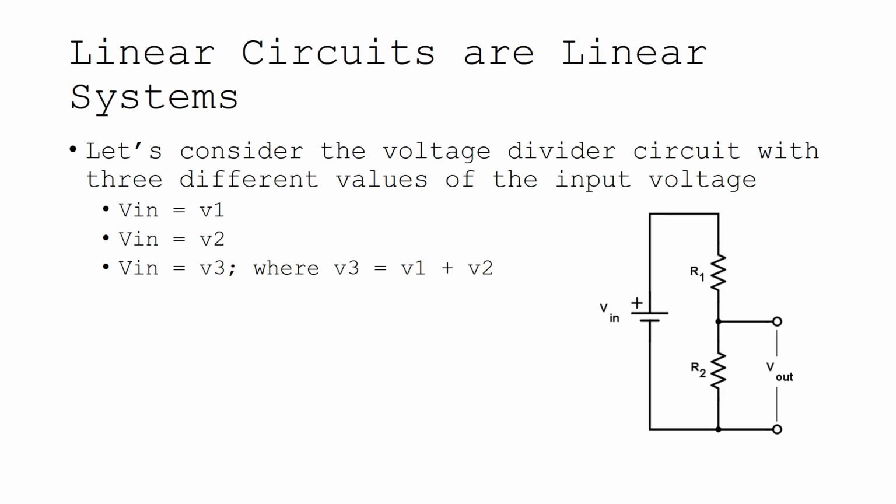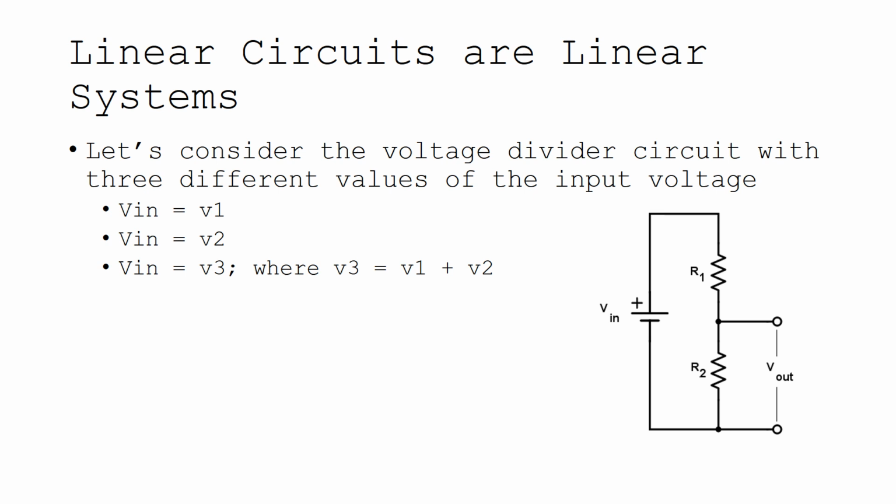Now let's have another example from circuits. As I mentioned earlier, all circuits that we have in this class are linear circuits, so they satisfy the superposition naturally. Let's see that on a simple circuit that we studied, which is the voltage divider circuit.